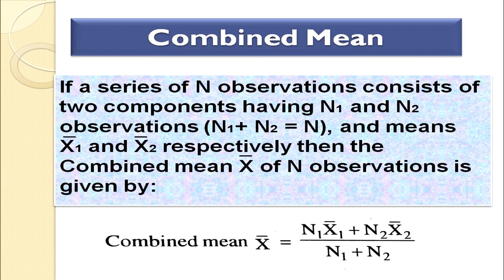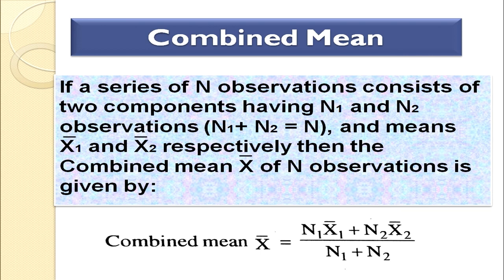So, combined mean. We are able to compute combined mean if a series of n observations consists of two components. In this case, we have two numbers of observations, n1 and n2, and two means given to us for the two components, mean of 1 and mean of 2 respectively.